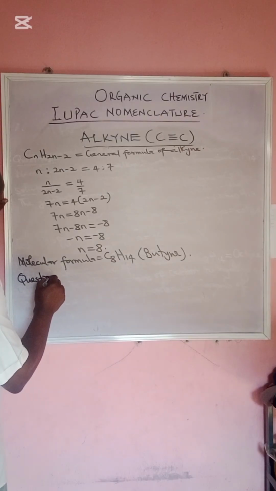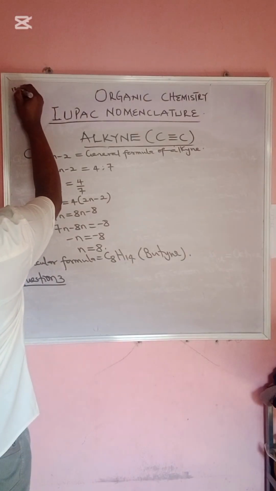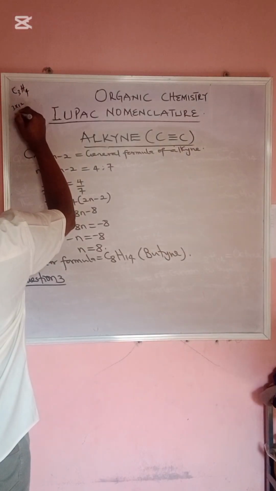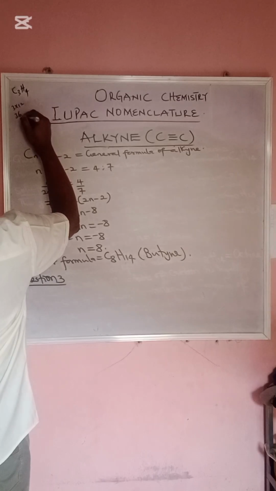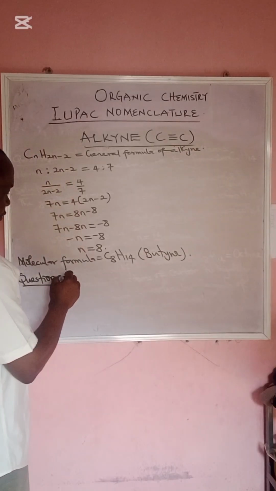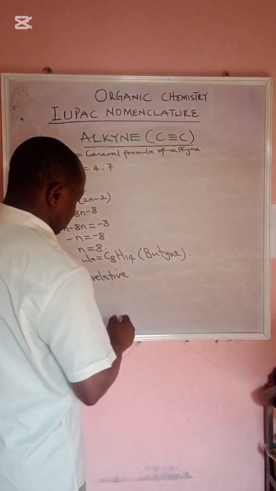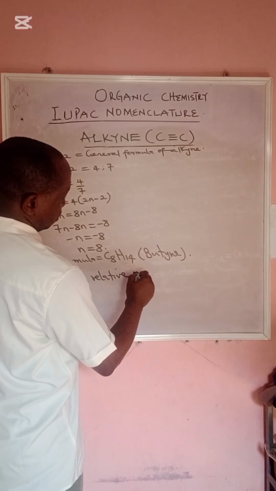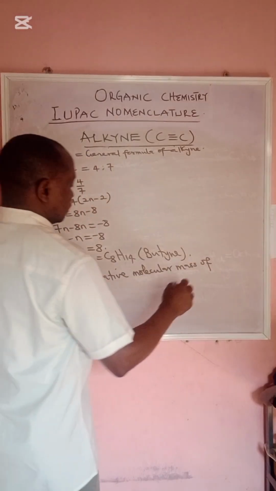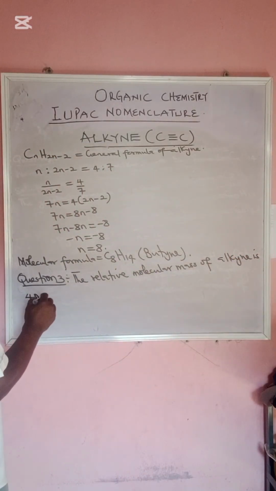Question 3. The relative molecular mass of an alkyne is 40.